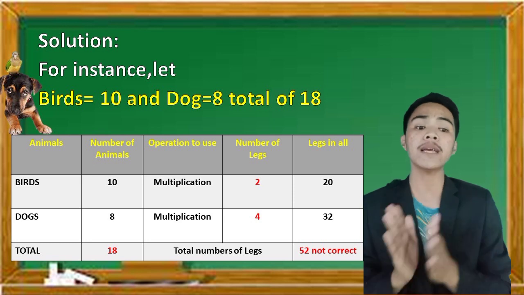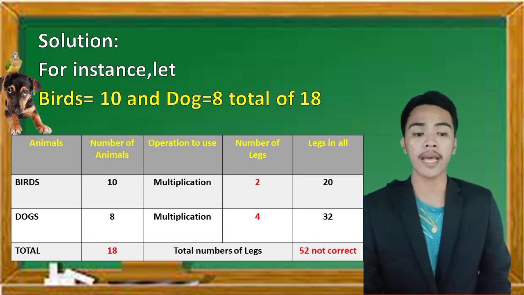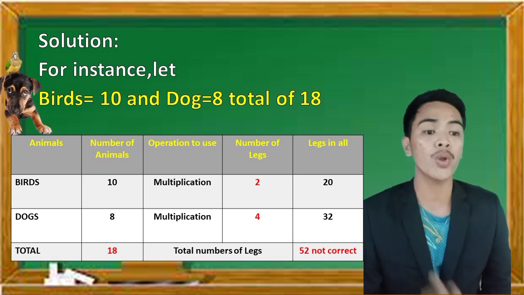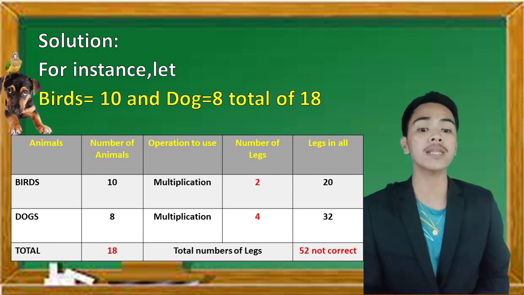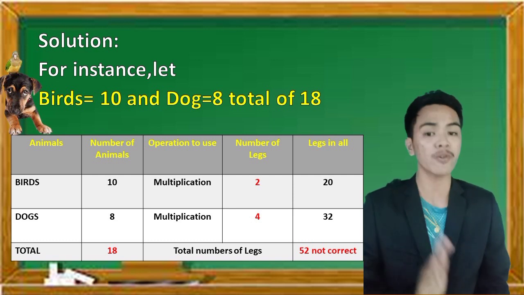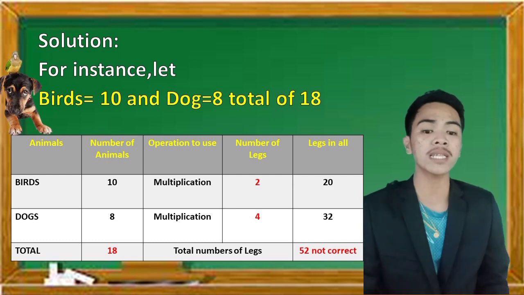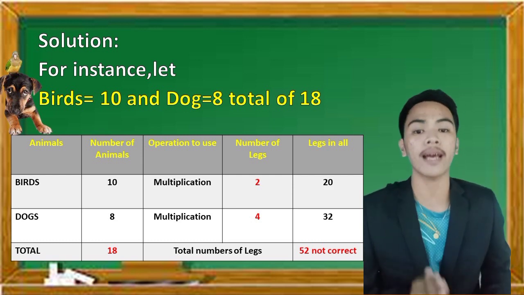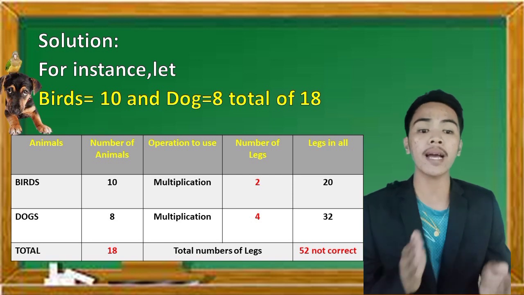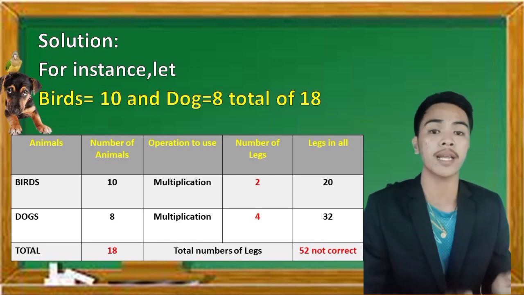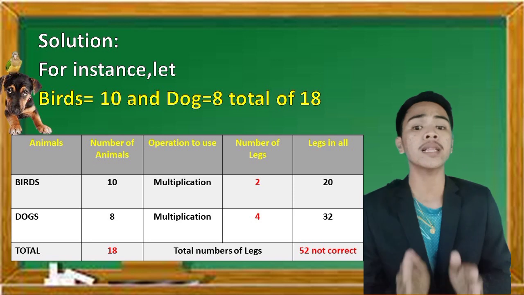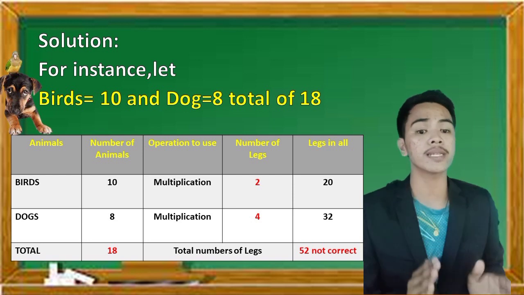So 8 times 2 is equal to 16. 10 times 4 equals 40. When we add the legs of birds and the legs of dogs, 16 plus 40 is equal to 56. So therefore, 8 birds and 10 dogs are not correct.